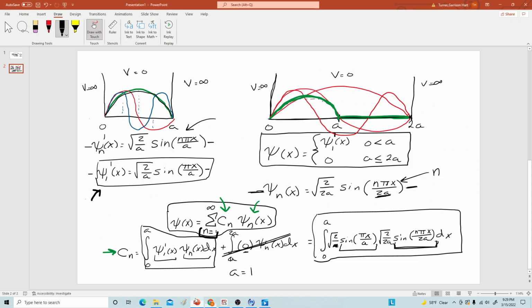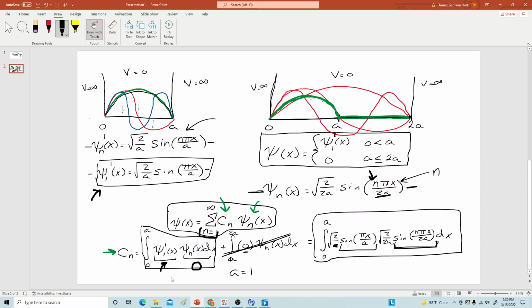Why is that? Because when I put a 0 in for n here, the sine of 0 is 0, and then I would have 0 here times my psi prime of x, and that sets the 0th coefficient to 0, and it doesn't affect our algorithm.